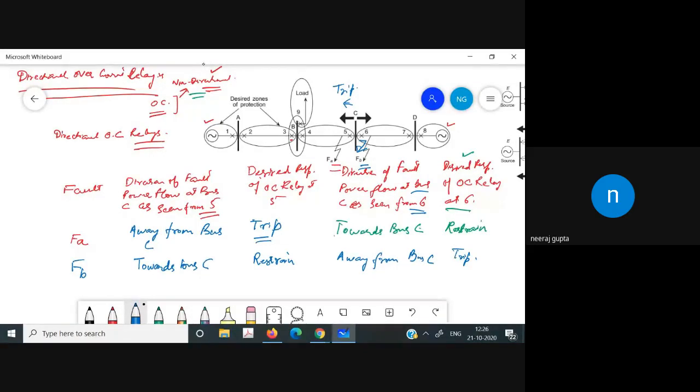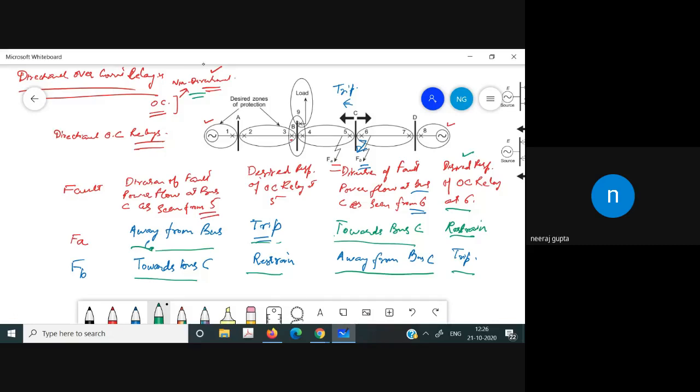So these are the two cases. From these two cases, what conclusions have we drawn? If the power is away from the bus C, it will trip, and towards the bus C, it will restrain.